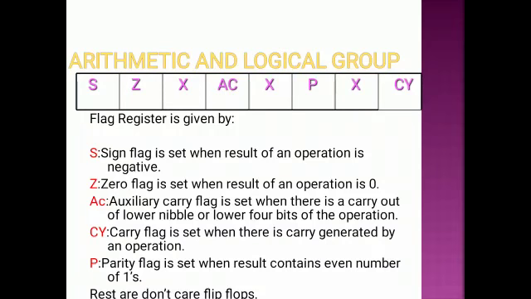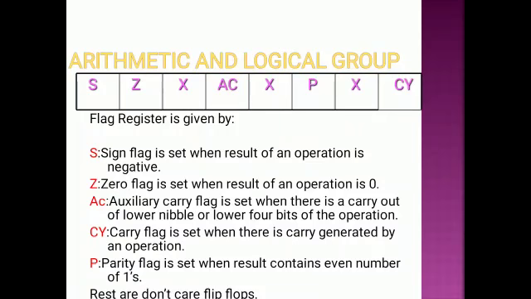Auxiliary carry flag is set when there is a carry out from the lower nibble of the bits. When we add 8-bit numbers, and there is a carry out of the lower nibble for the operation, then auxiliary carry flag is set to 1. Next is the carry flag.